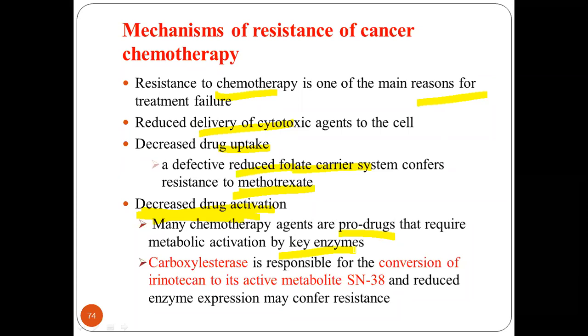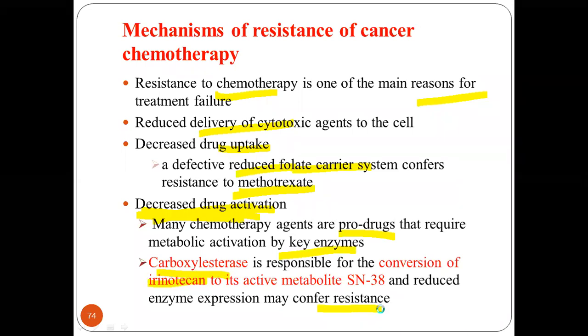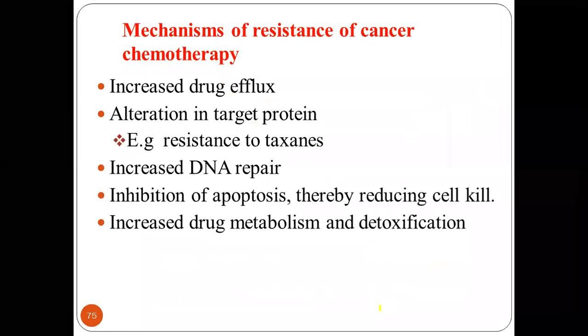Then carboxylesterase is important for activation of irinotecan to its active metabolite, so reduced enzyme expression may confer resistance. Some tumors can cause mutation of this enzyme and ultimately reduce activation. So those are some of the mechanisms.